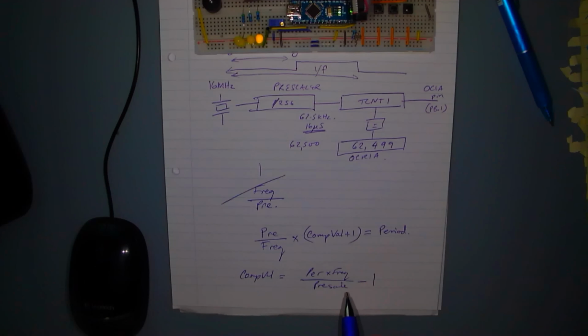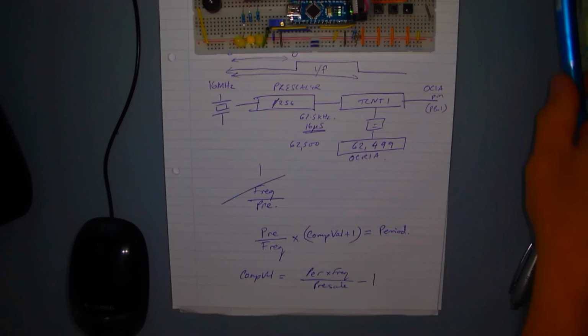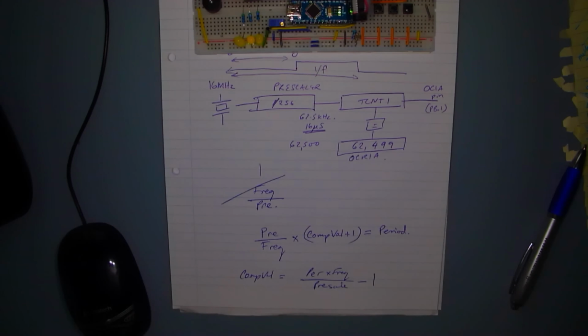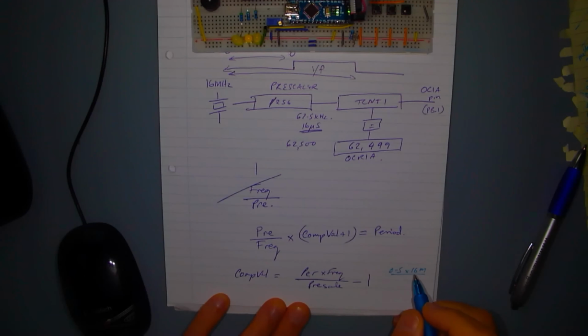The period is 0.5 times the frequency, which is 16 megahertz, over the prescale. The prescale I'm using at the moment is 256, and then I subtract 1 from that.